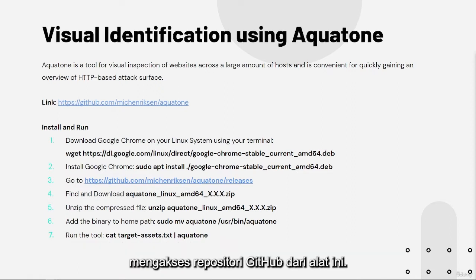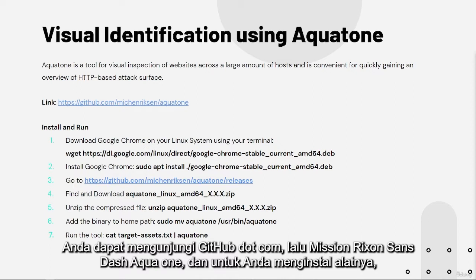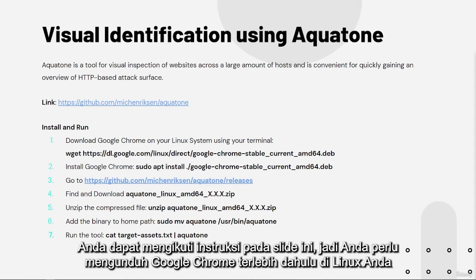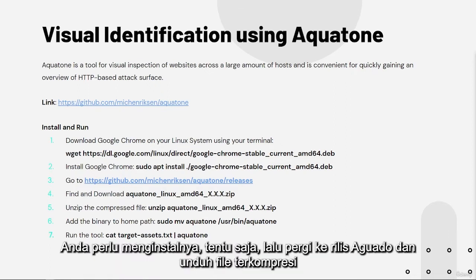To view or access the GitHub repository of this tool, you may visit github.com/michenriksen/aquatone. And for you to install the tool, you may follow the instructions on this slide. So you need to download Google Chrome first on your Linux system.